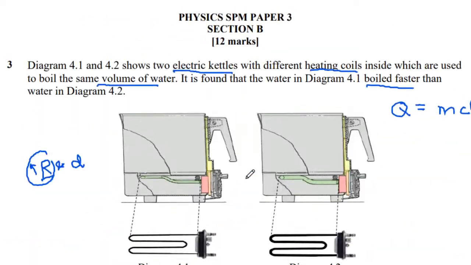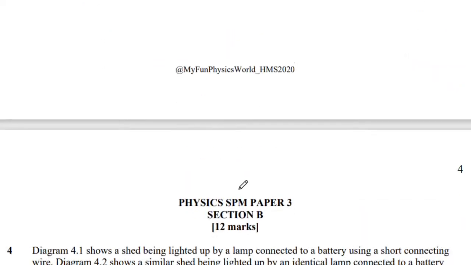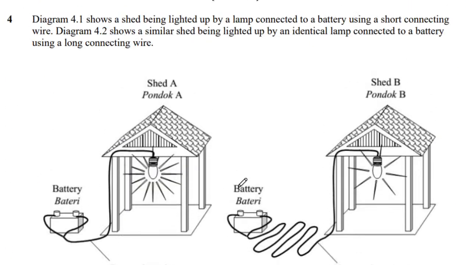Okay, so we already look at this. Now look at the length. So this question. Okay, so diagram shows a shade being lighted up by lamp connected to battery using short connecting wire.